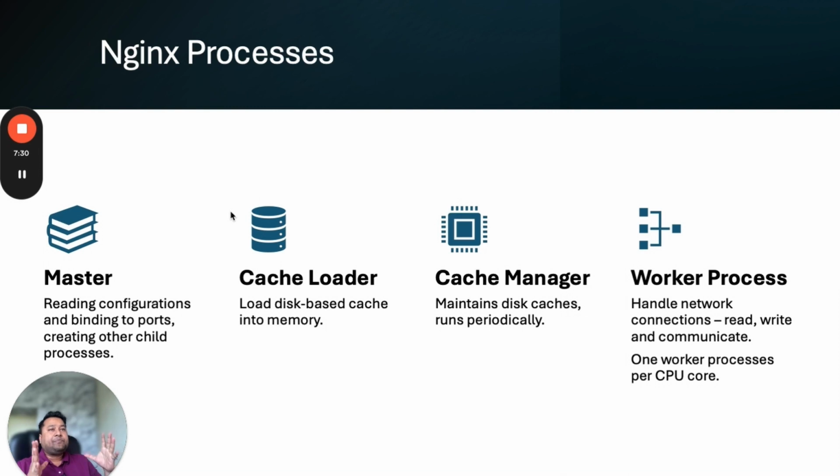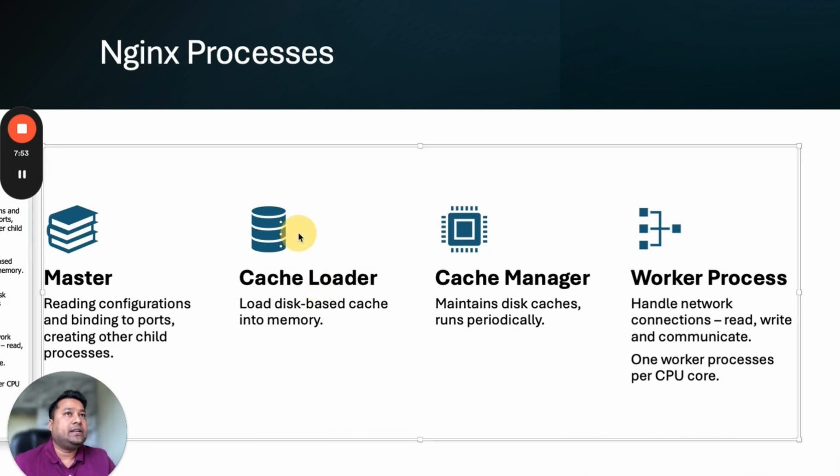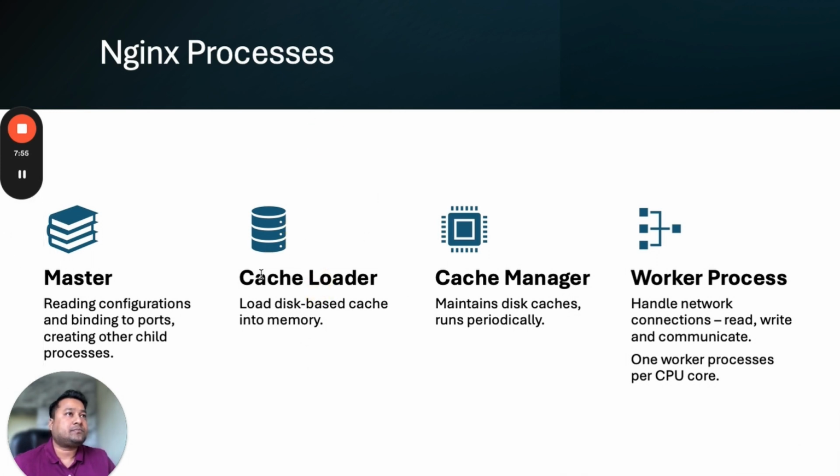But let's say you are using Nginx as your reverse proxy, so that means you will have upstream services, right? That's how a reverse proxy works. You might have, let's say, some X service and some Y service. It will take that request to your X service, get the data from there, and then send it back to the client over the TCP connection, right? So these are the 3 main processes involved. One is your cache loader, second is your cache manager, and third is your worker process, right?